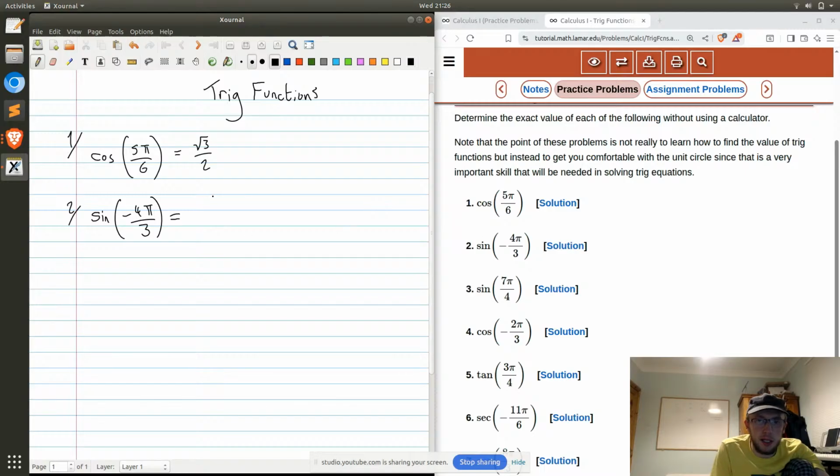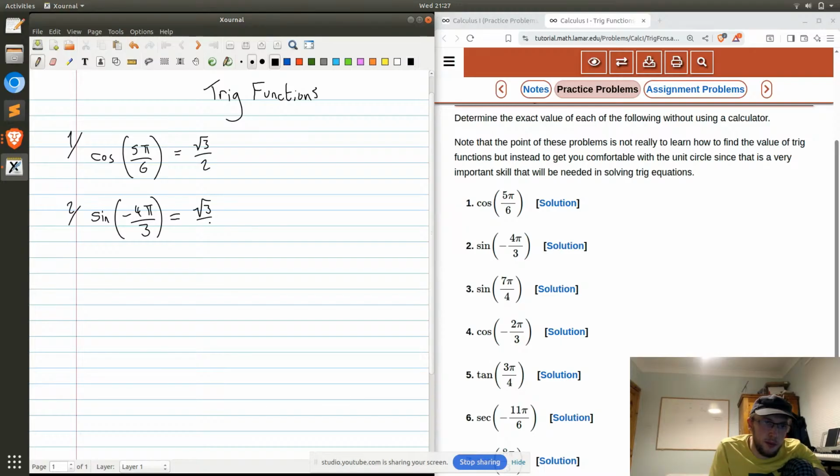Sine of negative 4/3 of pi. Okay. What's a third of pi? Come on. 60. Right, okay. So root 3 over 2 as well.